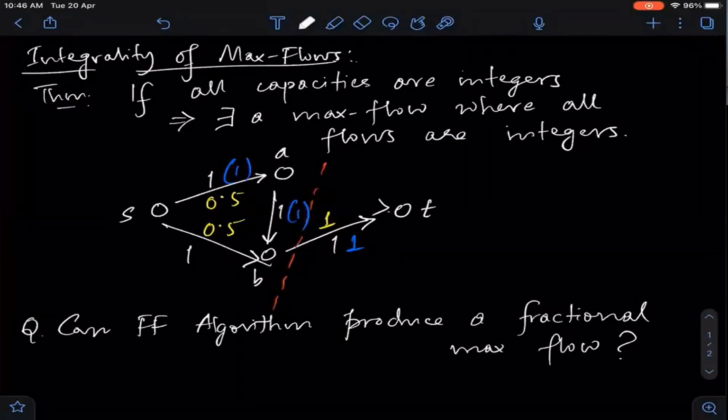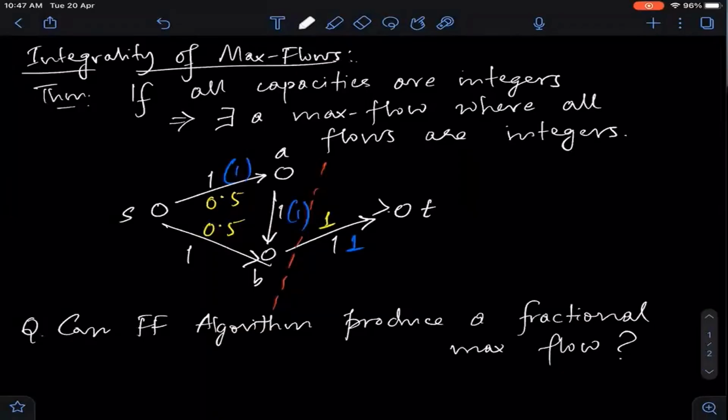Now, what is Ford-Fulkerson doing at every iteration? At every iteration, it is creating a residual graph. What is a residual graph? Whatever flow is currently on each edge, the original capacity minus that flow is the residual capacity. And there are these reverse arcs, remember, which have a capacity equal to the current flow on the edge.